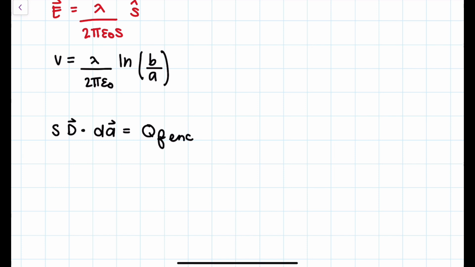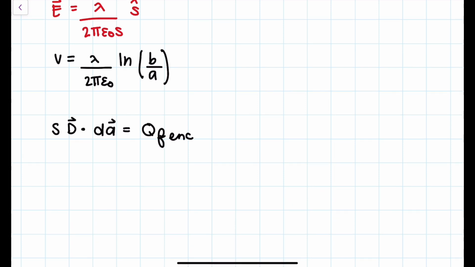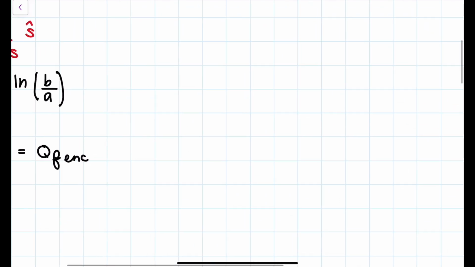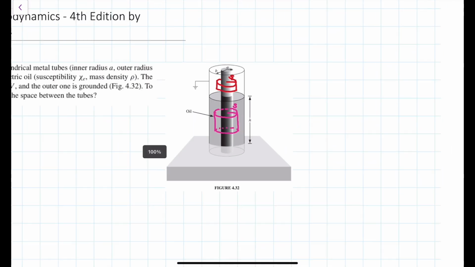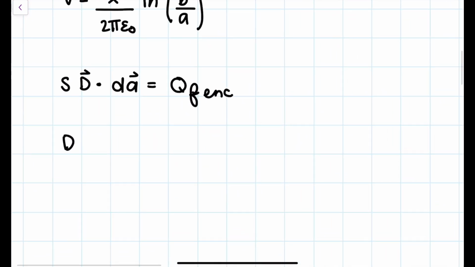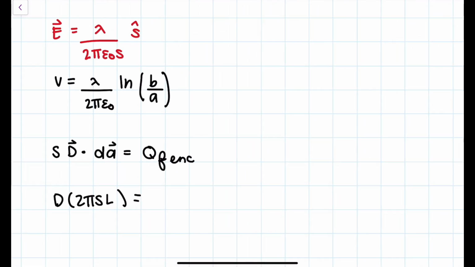The displacement is constant, and the area we integrate over is the area of the cylinder. We will call the length of this Gaussian surface L. The charge enclosed cannot be the same lambda as on top, because they're different, so we will call it lambda prime, times the length L.